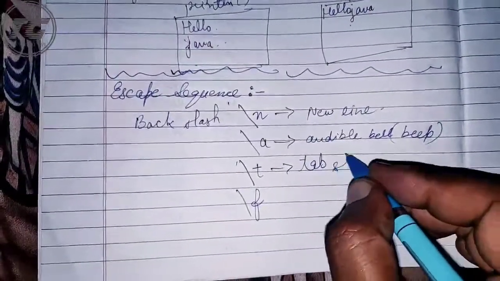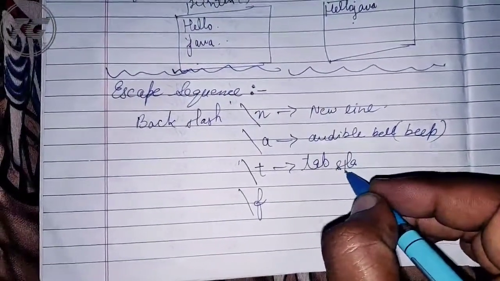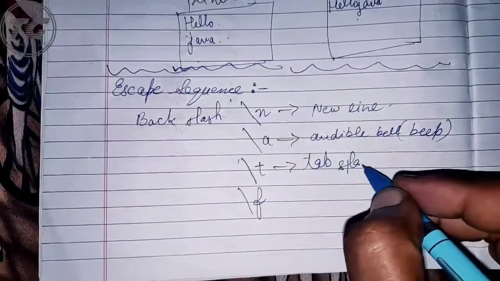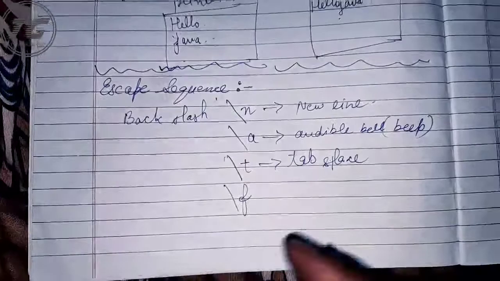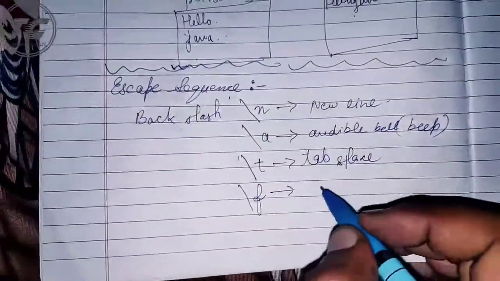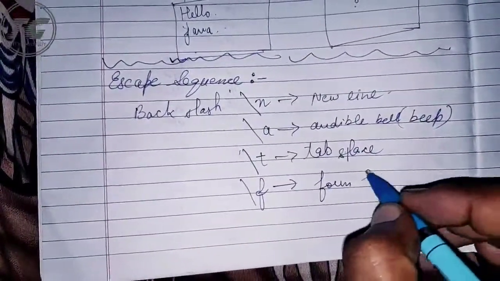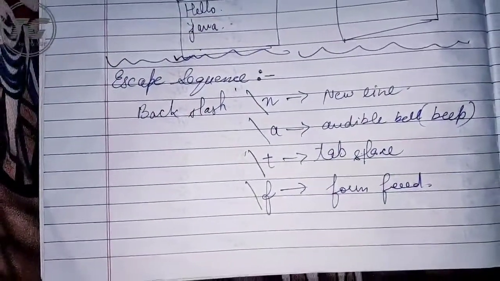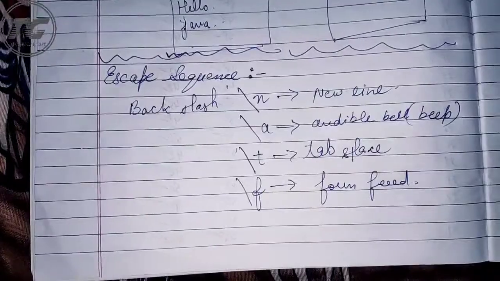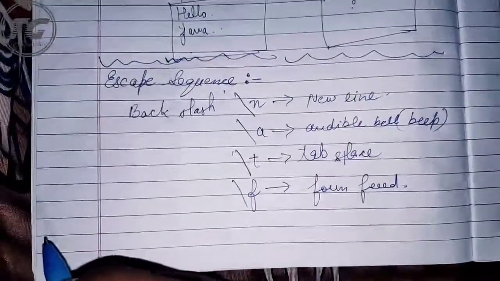Backslash t is used for tab space, and backslash f is used for form feed. I will tell you later the meaning of each escape sequence.